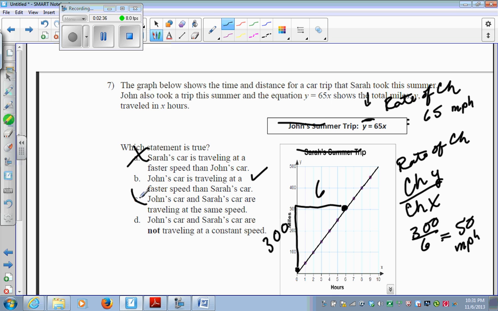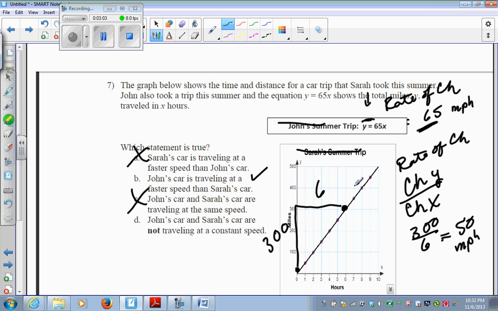She's going 50. John's car and Sarah's car are not traveling at a constant speed. Okay, that's not true either. They are traveling at a constant speed. John is always going 65 miles an hour, so he has a constant rate of change. Sarah, because this is demonstrated by a linear function, that means it's in a straight line, that means she is also driving at a constant rate of change.